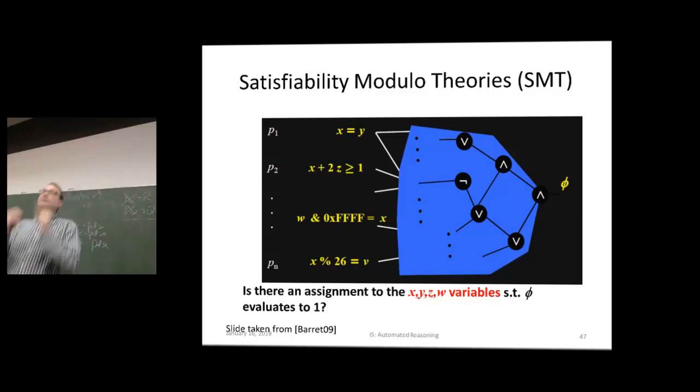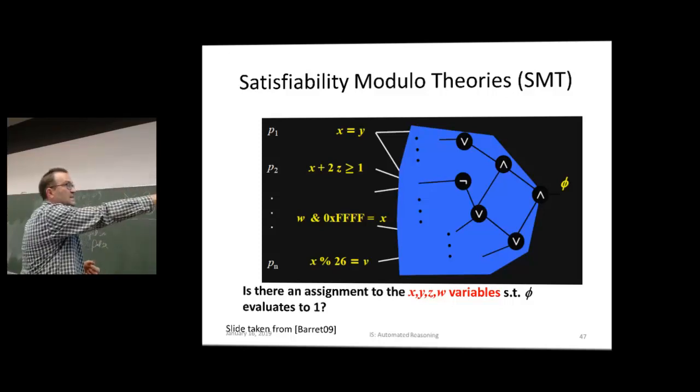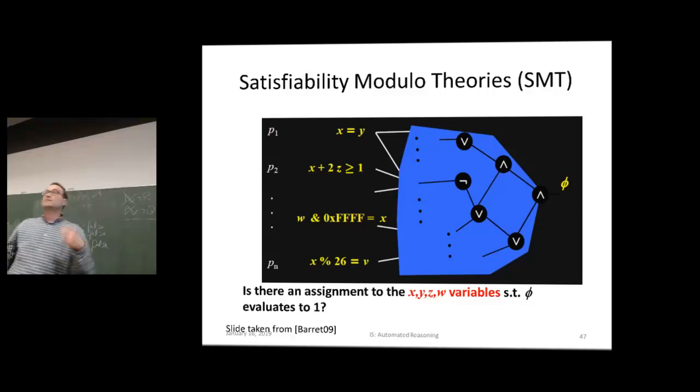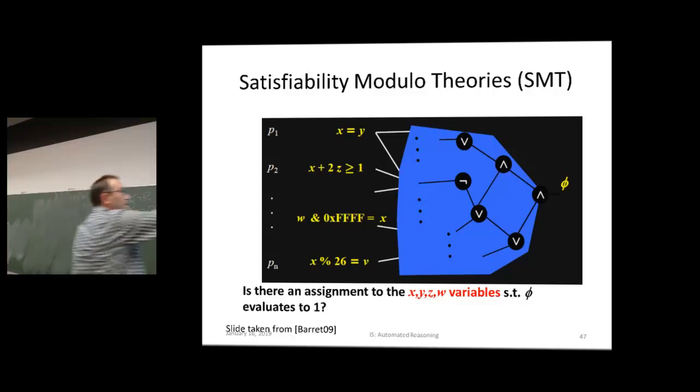So it's a language that's slightly more expressive, but in principle it allows you to do the same propositional reasoning, but now over formulae in some logical theories, as it's called. So you could have statements such as x plus 2z is bigger than 1, and if you know x and z, then you can input that as a formula simply like truth values or false values.